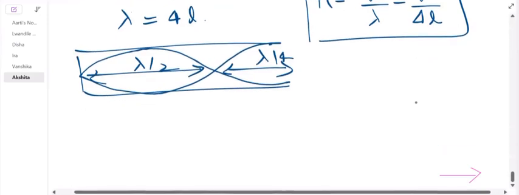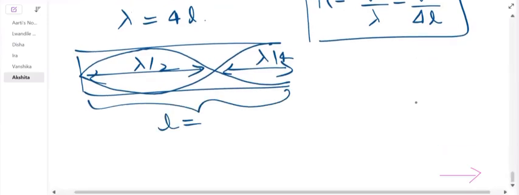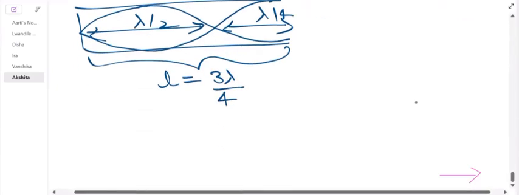Correct? So what will be the length over here? Tell me. Lambda by 2 plus lambda by 4. So that means my lambda will be 4L over 3. Check wherever you are facing doubt, you can stop me in between.